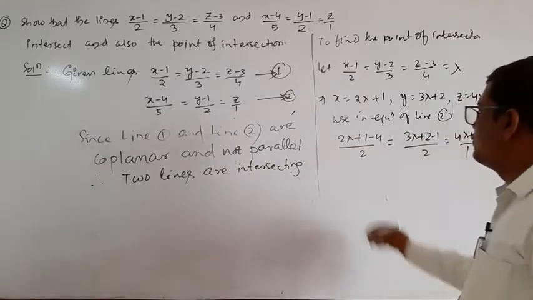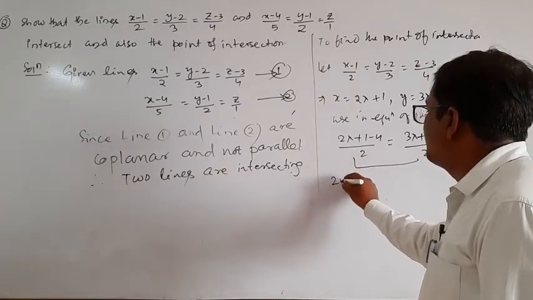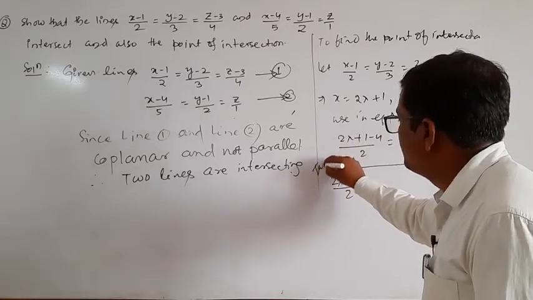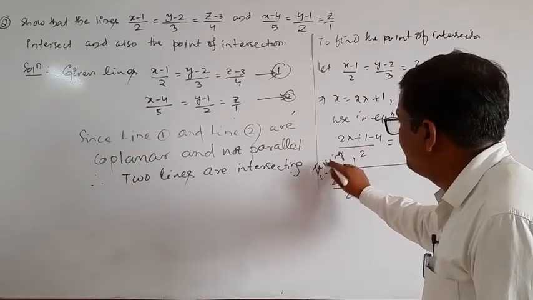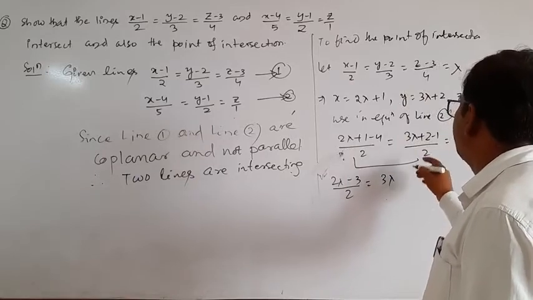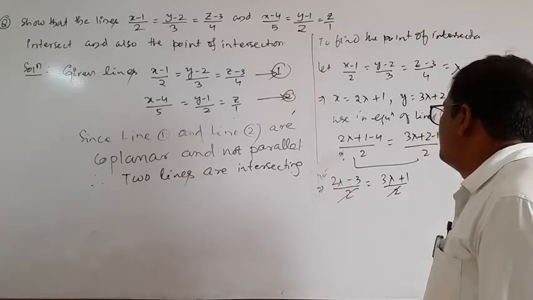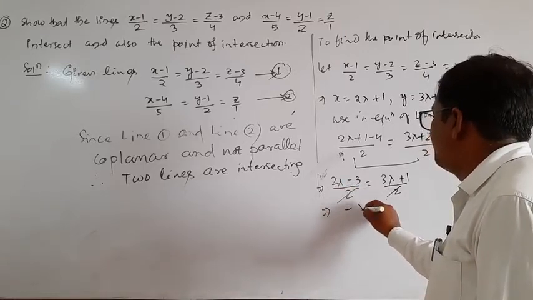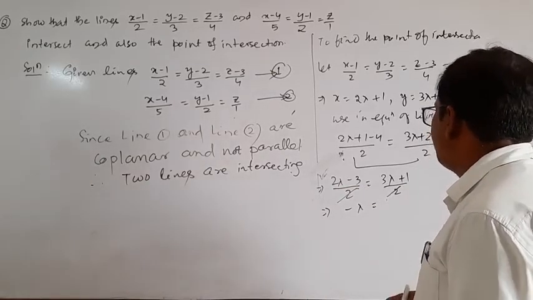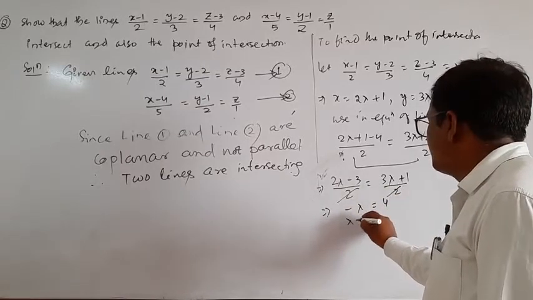So this is (2 lambda minus 3)/2. Taking the first and second, these two: 3 lambda plus 1 by 2. So 2 cancels here, that implies minus lambda is equal to 4. So lambda is equal to 4.